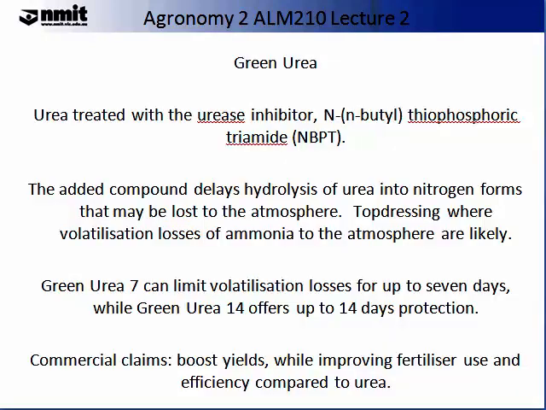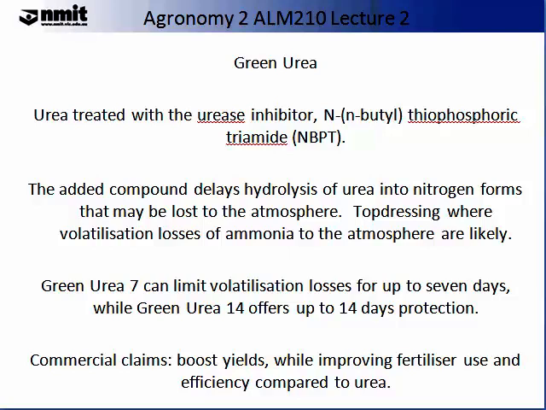Green urea is another fertiliser available commercially. It is urea that has been treated with a urease inhibitor. This inhibitor is N-butyl thiophosphoric triamide, or NBPT. The added compound delays hydrolysis of urea into nitrogen forms that may be lost to the atmosphere.